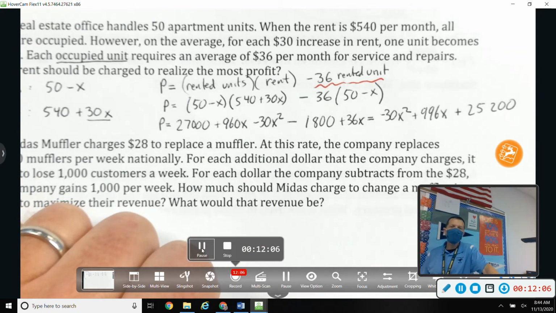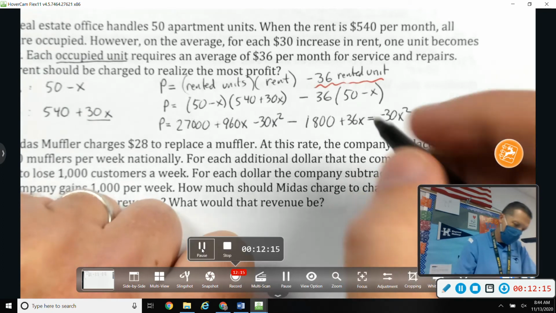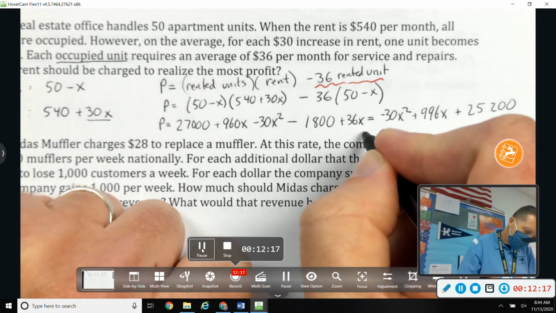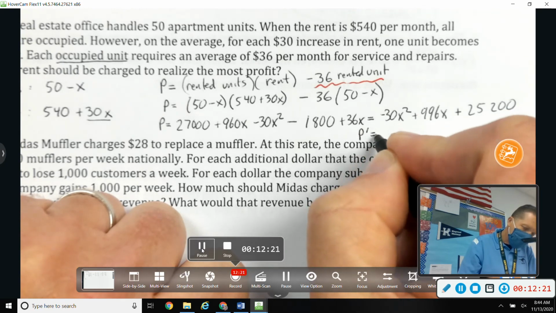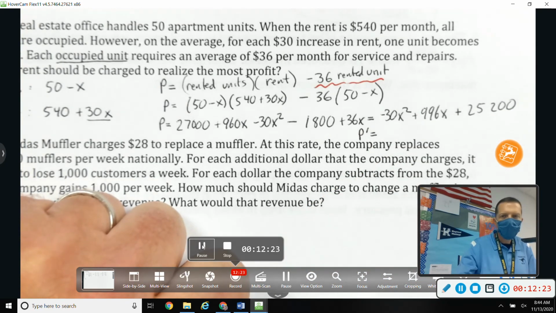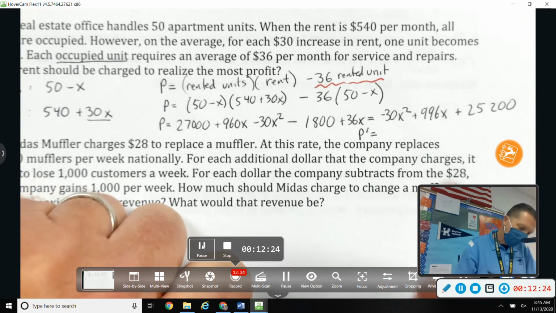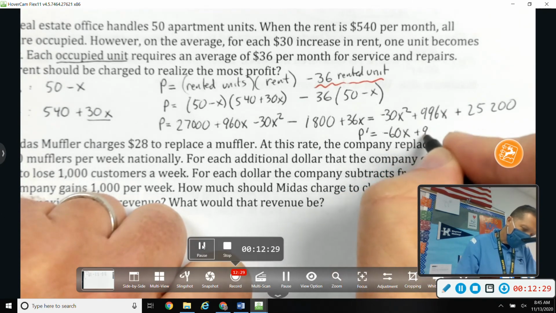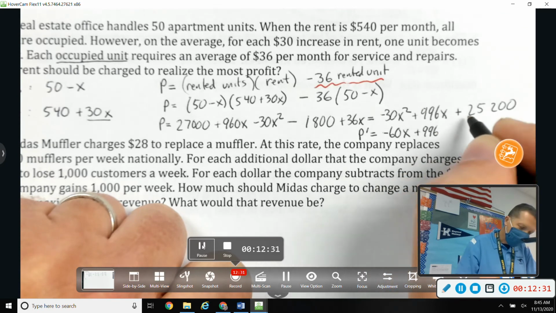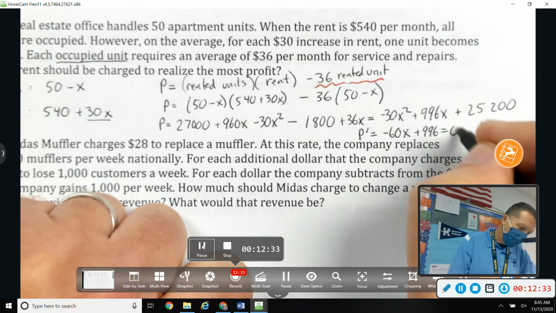So even if we mess it up, we'd be okay. So there's my profit. I'll take a derivative of that. Negative 60x plus 996. Set it equal to 0.